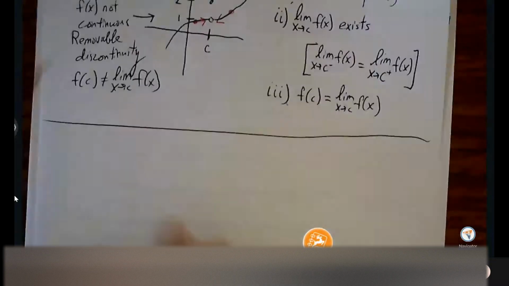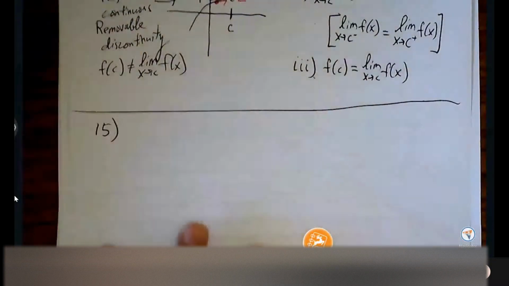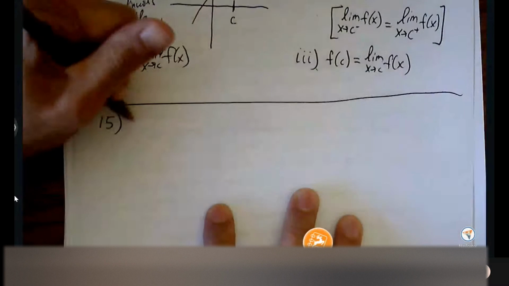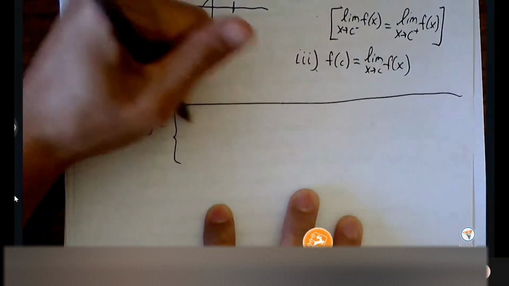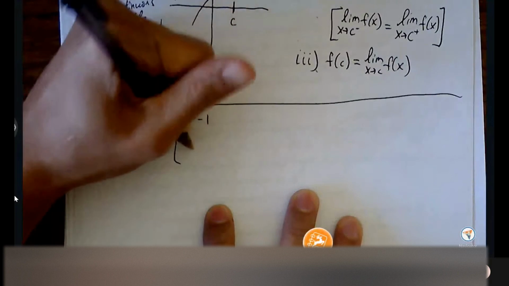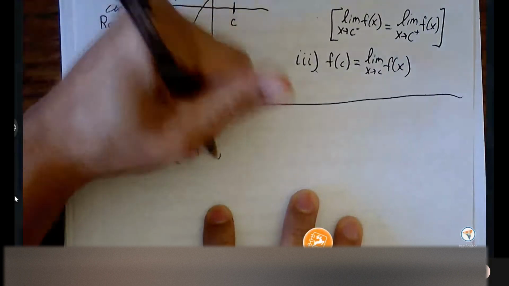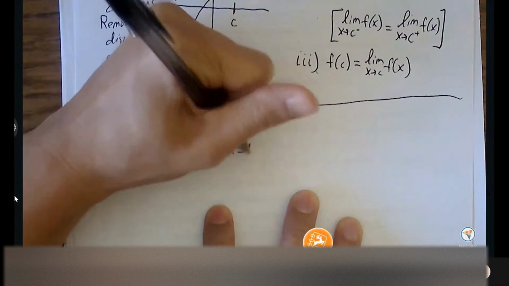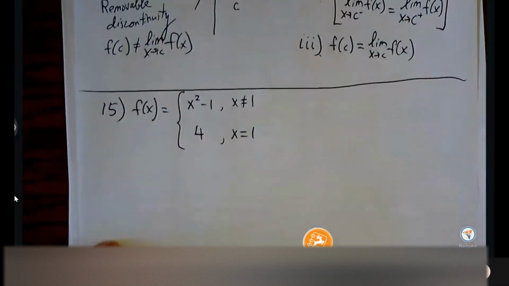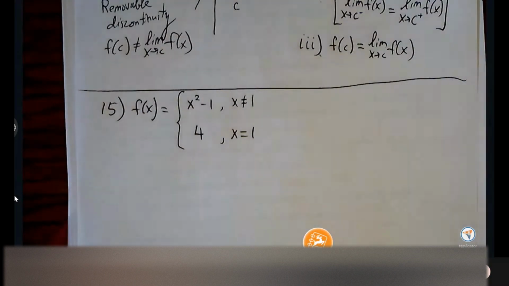So here's 15. I'm going to just write the problem below here. We have a piecewise function, f of x equals... Now with this piecewise function, we have to understand what information is given to us.